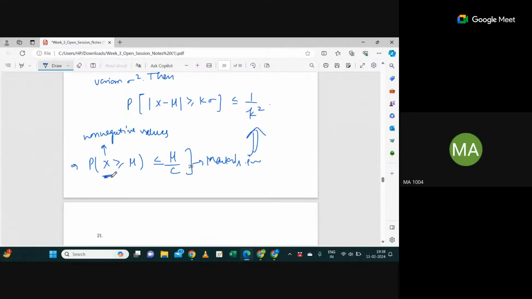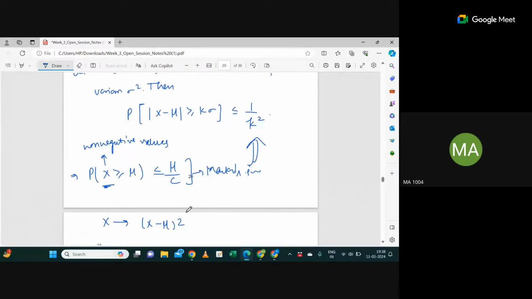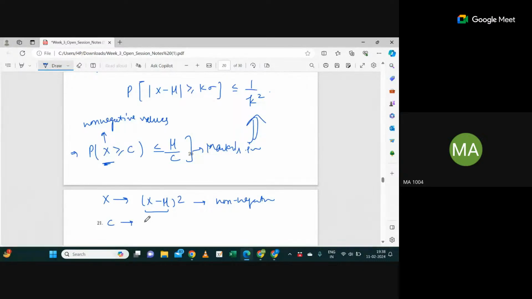Here, x is only going to take non-negative values, right? So if I replace x with x minus mu whole square, can I do that? Sorry, it's not a mu, it's a c. If x minus mu whole square takes non-negative values, then c I can replace with k square sigma square, because c is also positive.